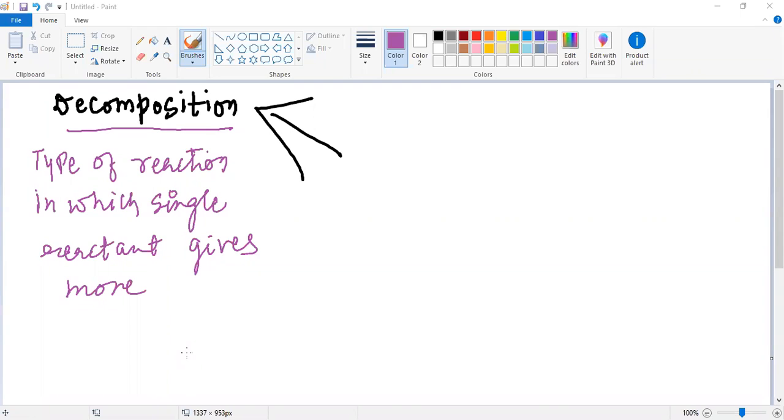Such a reaction is called a decomposition reaction.